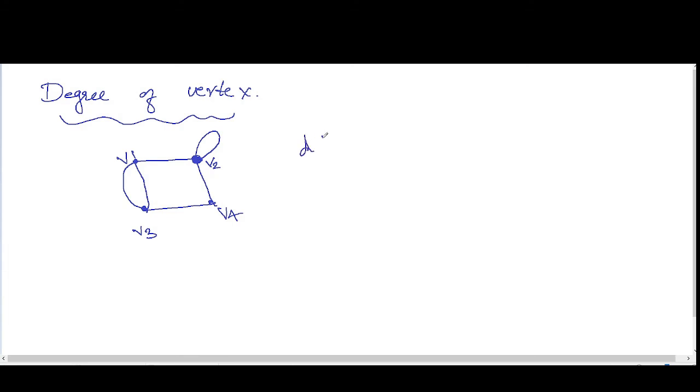Now what is the degree of V1? Here you can see that there are 3 edges incident with V1. So degree of V1 is 3. Now what is the degree of V2? Before counting the number of edges, remember one thing: a loop is always counted as 2.